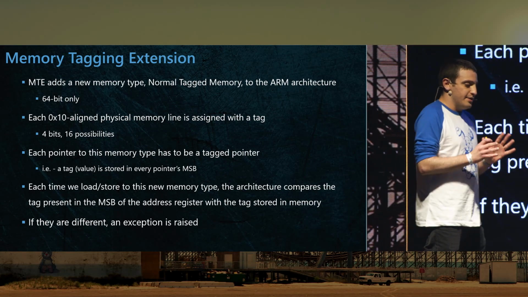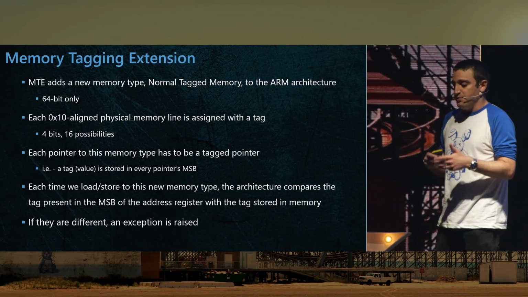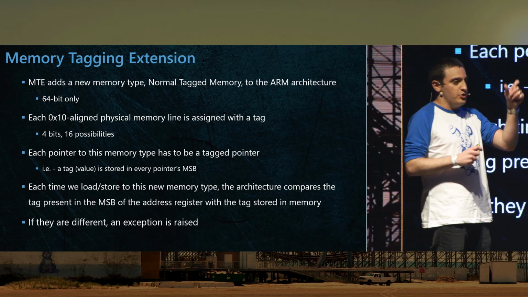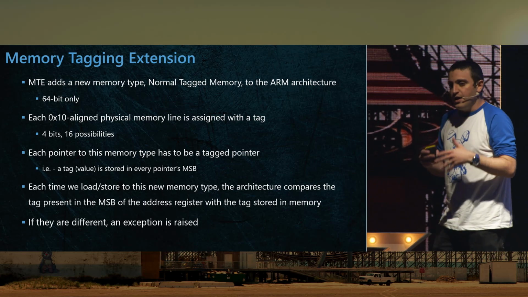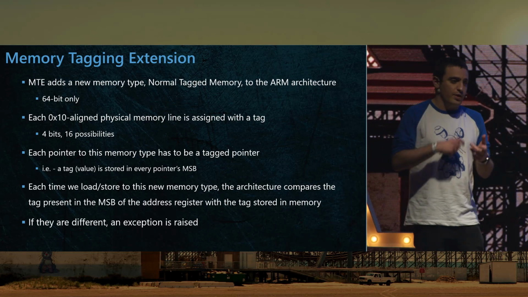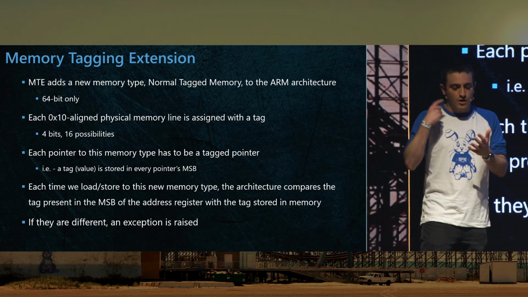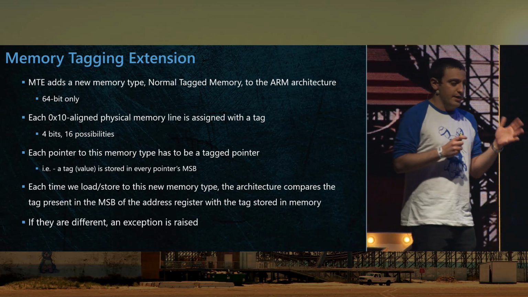This tag is just a numerical value, 4 bits in size, so we have 16 different possibilities for tags. The way that it works is that each pointer that points to a virtual address that maps a physical address from this new type of memory has to be a tagged pointer, which means that we encode some information in the unused bits of the pointer. In this case, we just set the tag in the most significant byte, the MSB.